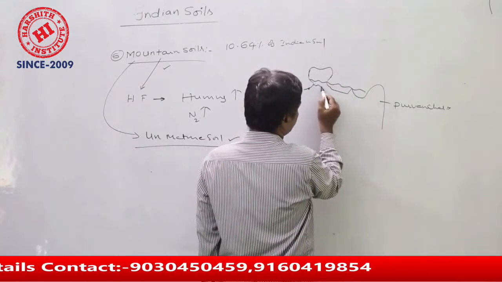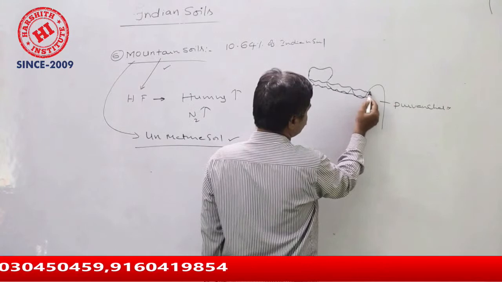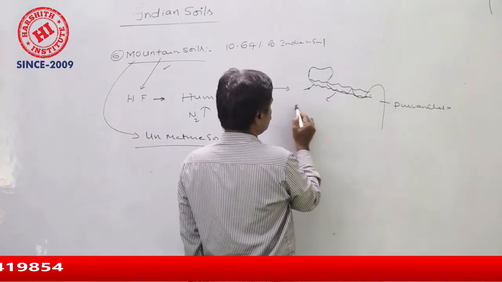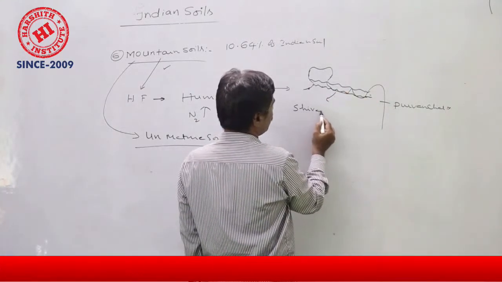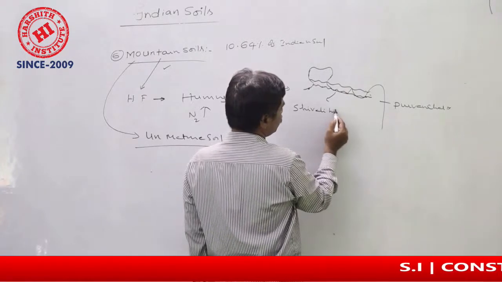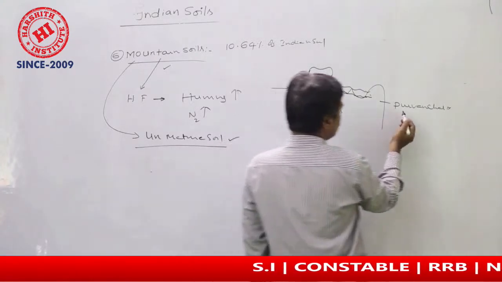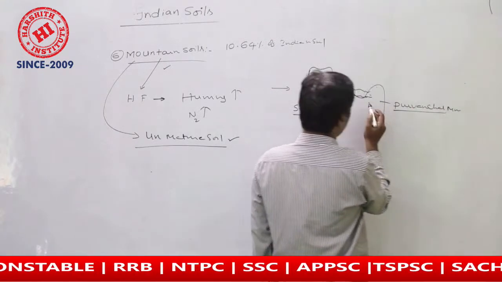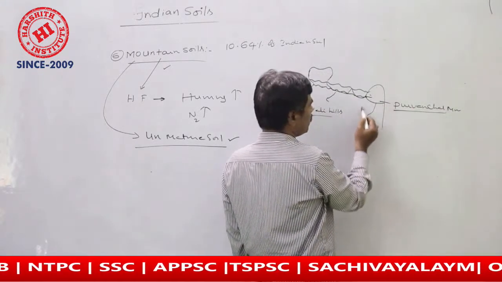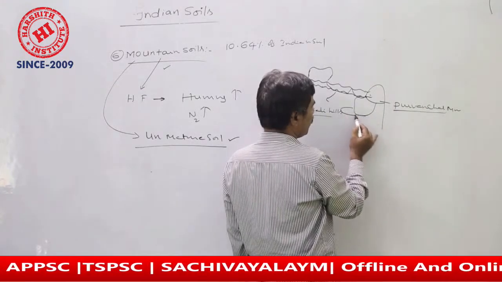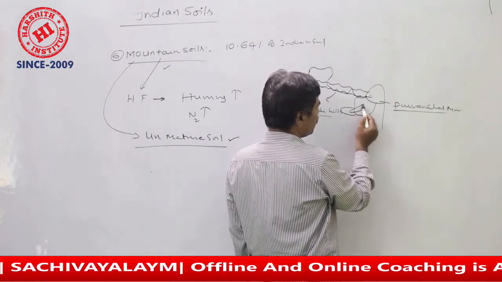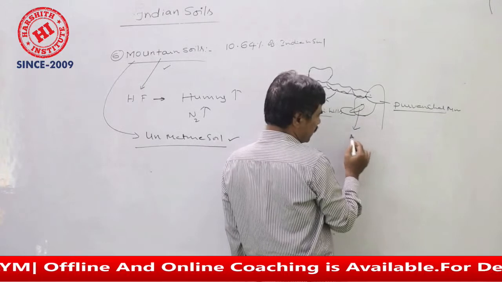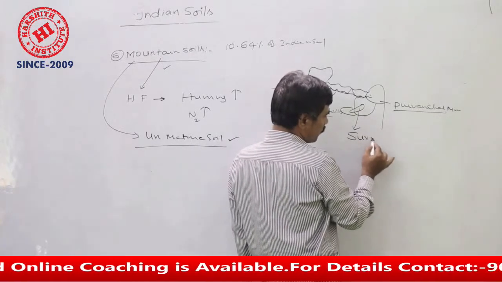They are under the Shivalik region, on the slopes of the Shivalik hills and the Purvanchal mountains. In Purvanchal, Assam and Meghalaya, in between, there is one type of valley, that is the Surma Valley.